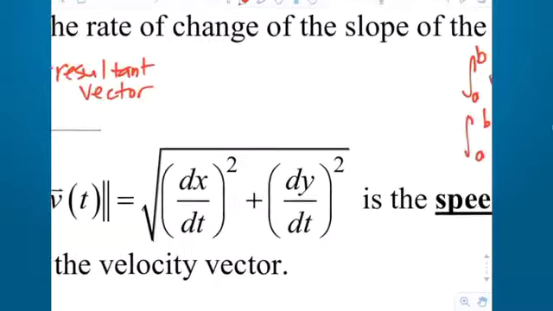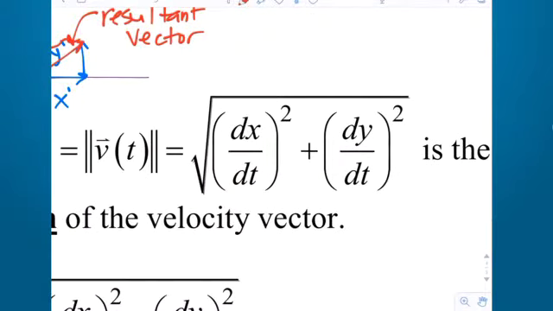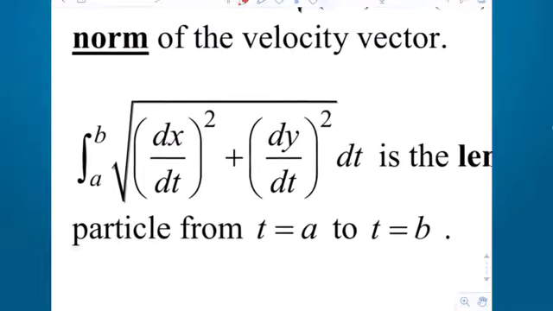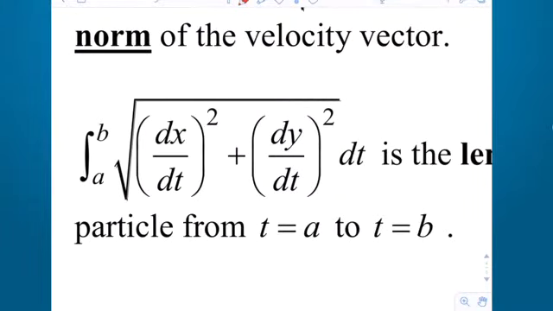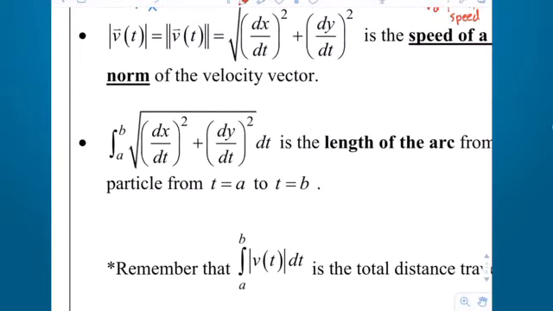So, if this truly represents the speed of an object at any given time t, if I integrate that function from a to b, I end up with the total distance it travels, which we learned yesterday was also known as the arc length. So there's your arc length formula from yesterday.